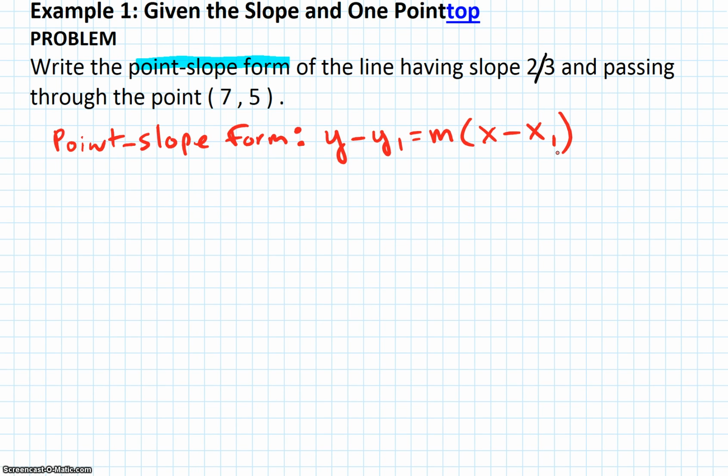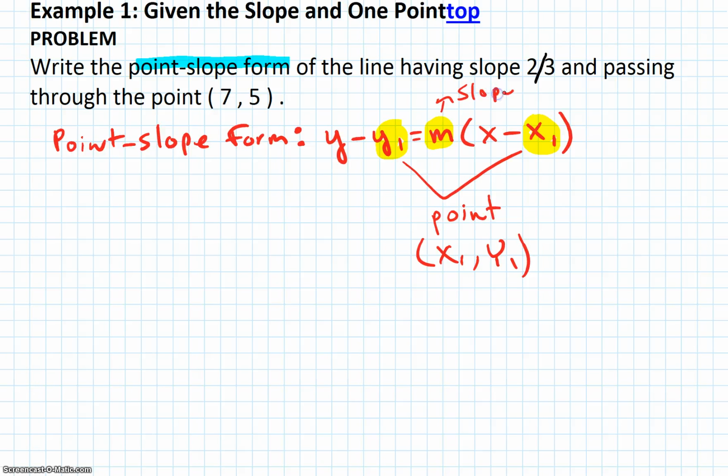The reason why they call it the point slope form is pretty obvious. This form requires a point, which is (x1, y1), and the slope, m.